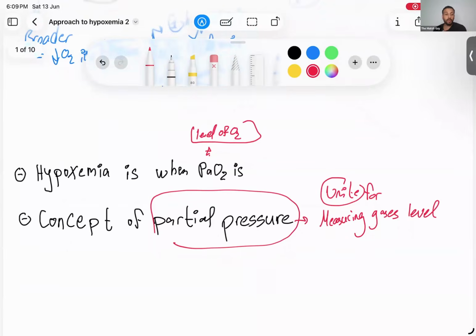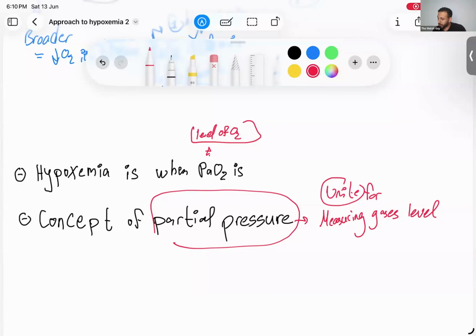So when I tell you the partial pressure of oxygen in artery, it means that we measure the level of oxygen in artery. Always remember it like this, so you're not getting confused, because I know pressure is not a unit we usually use to measure the level of something. But in gases, we use it to measure the level of gases in general. So if I told you partial pressure of CO2 in artery, it means that I'm going to see the level of CO2 in arteries.